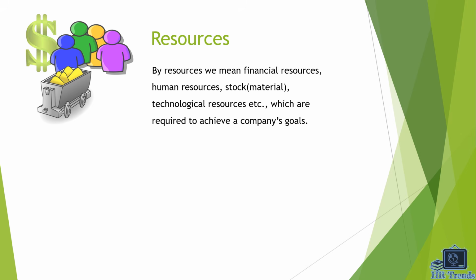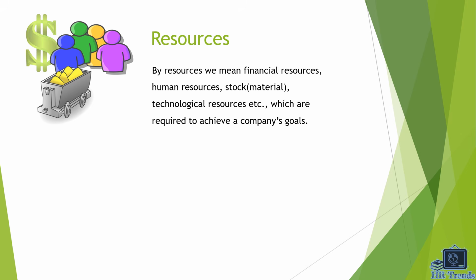The second word used in human resource management is resources. So first of all, let me read the definition. By resources, we mean financial resources, human resources, stock, material, technological resources, etc., which are required to achieve a company's goal. As we have seen in the previous slide, a company needs human employees to perform different tasks.